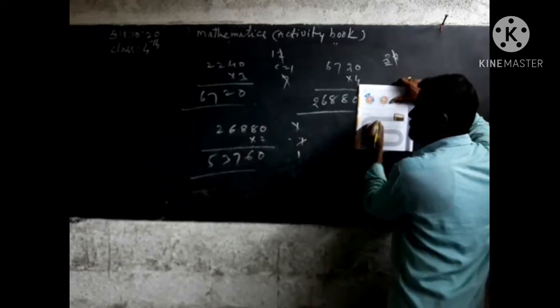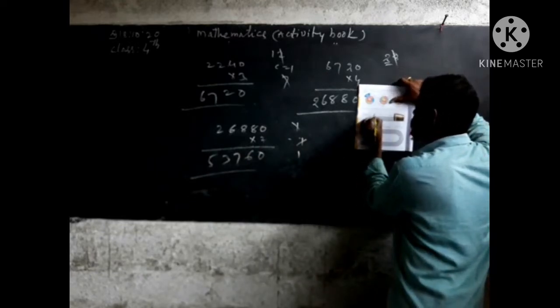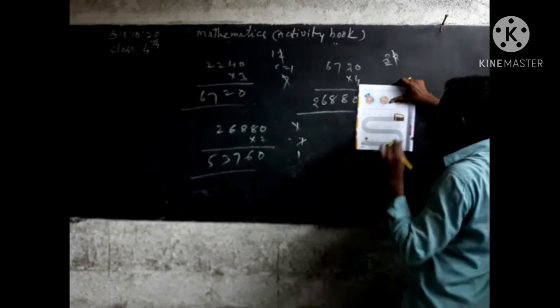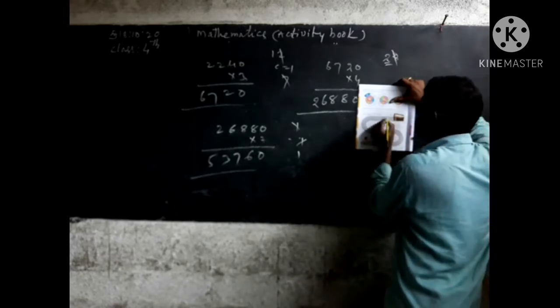What do we get? So 53,760. You can write it here. 53,760 is multiplied by 1, you can get the same.